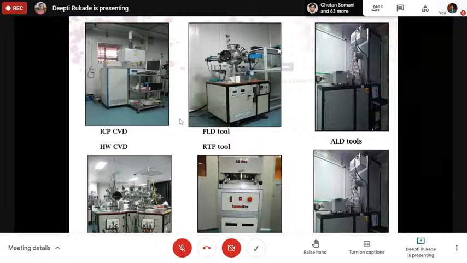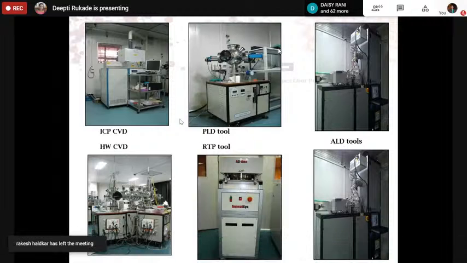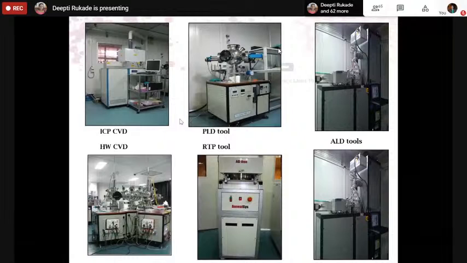In this ICP CVD system, all of you must be aware that it is a chemical vapor deposition, in which plasma is created, and various chemical reaction processes occur in the plasma with the chemical species, and you get thin films that are deposited.